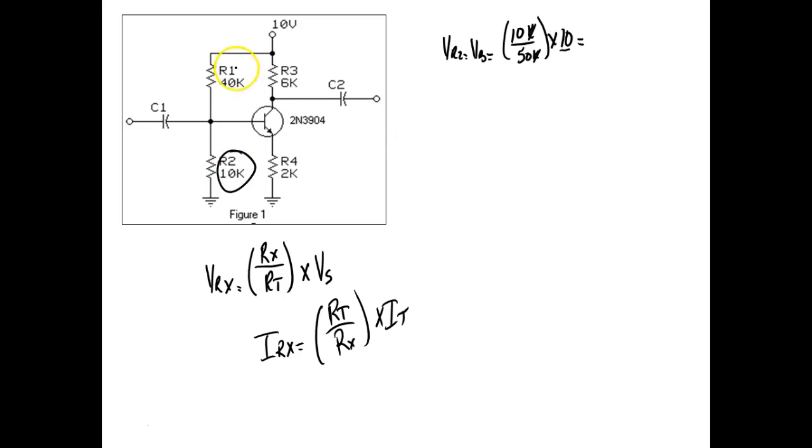We divide that by RT. RT is 40K plus 10K, which is 50K. So we're taking the value of R and dividing it by RT. That gives us the ratio of that resistor to the rest of the resistors in the circuit. Then we can multiply that by any voltage applied to the circuit and it'll give us the voltage drop across that resistor.